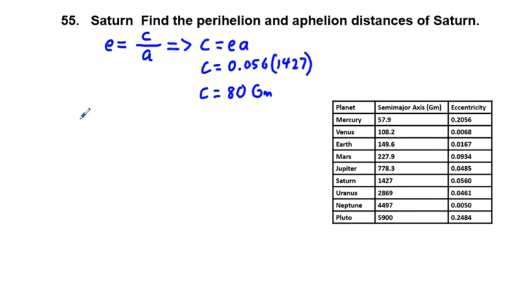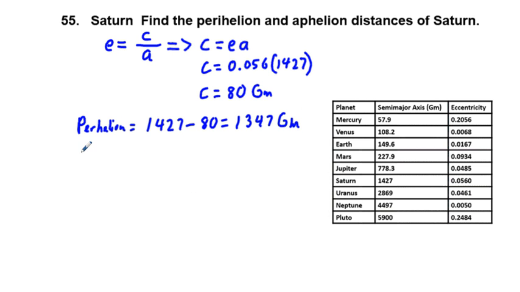So I will say perihelion equals 1,427 gigameters minus 80, and that's going to be equal to 1,347 gigameters.